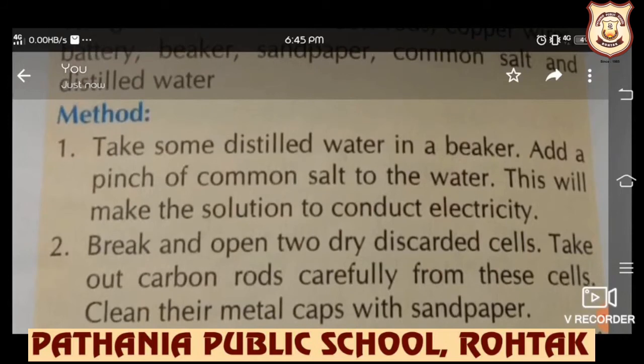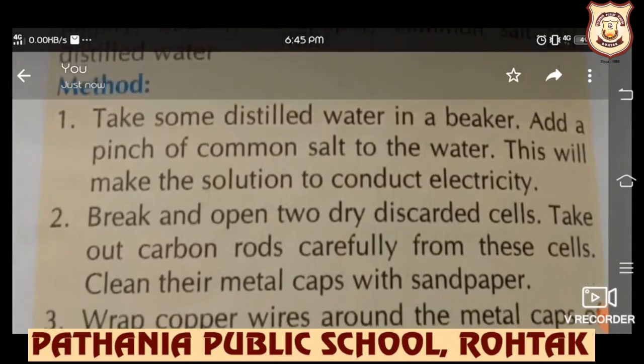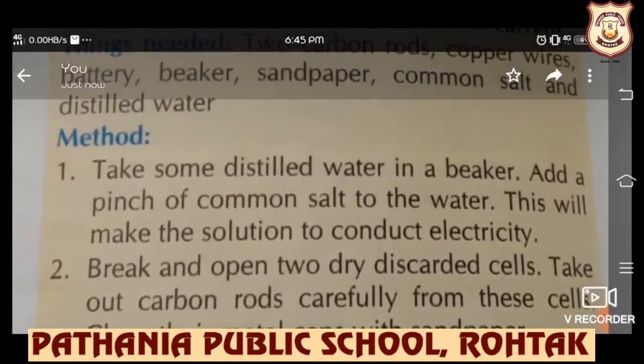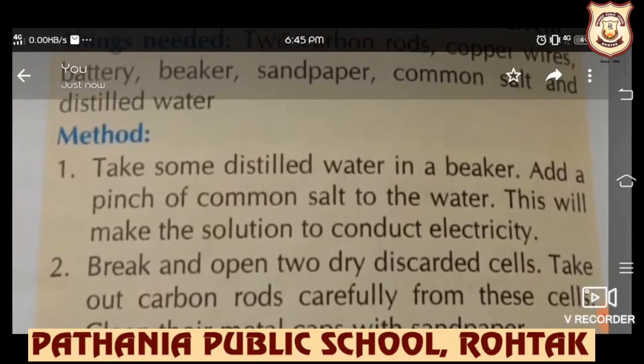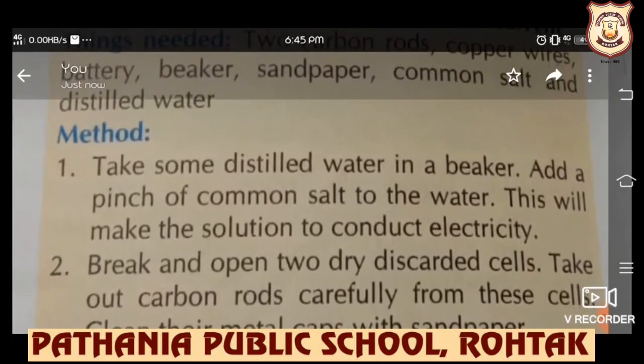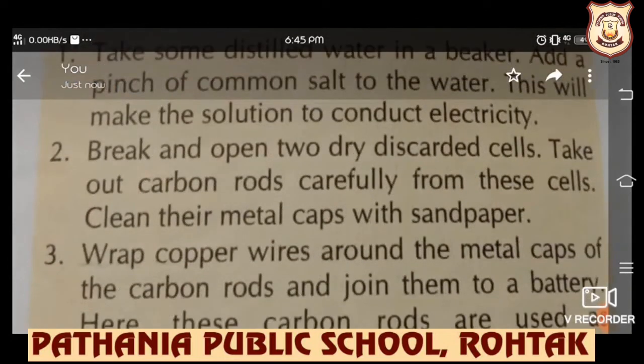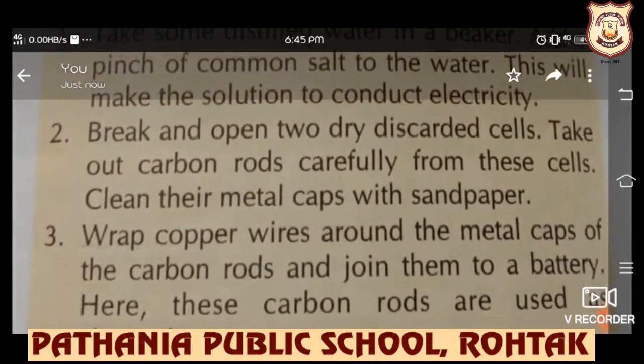Take some distilled water in a beaker. I have taken a beaker and added a pinch of common salt to the water. Because distilled water does not conduct electricity, we have added a pinch of common salt so that the solution can conduct electricity.